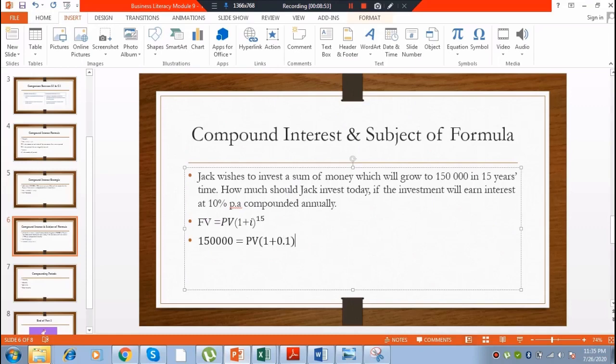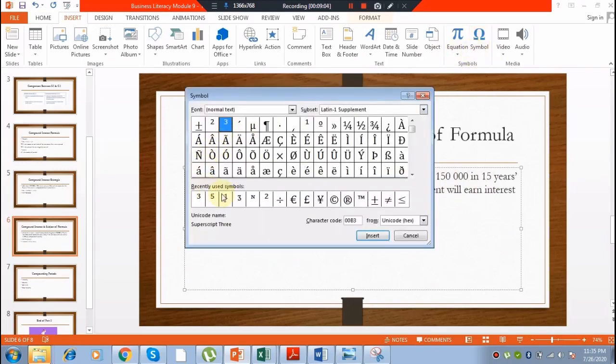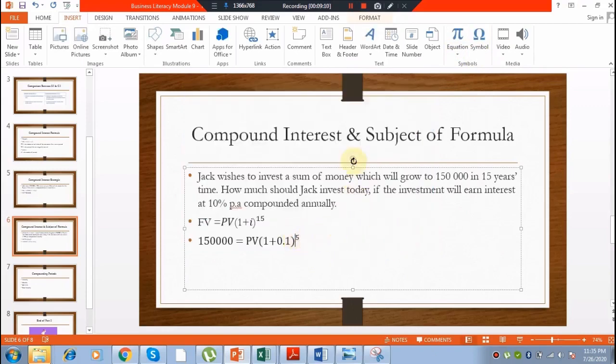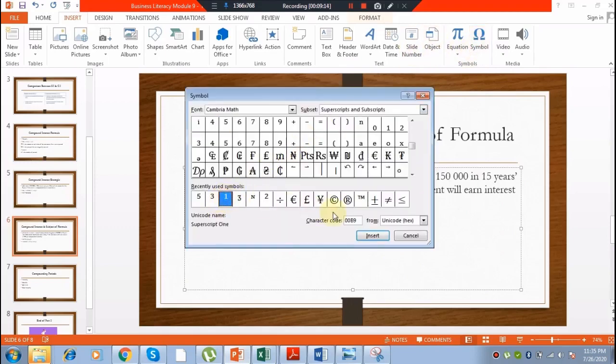Then the number of years, that's the period, is 15 years, right?